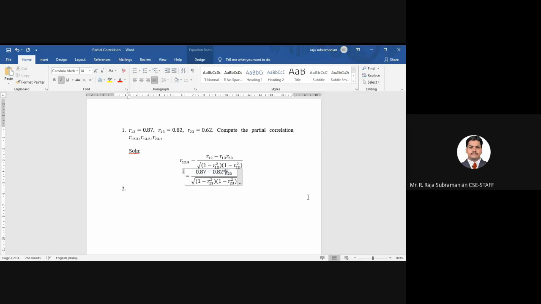You have to say the answer for this. 0.62, 0.62 squared. This is 0.82 squared. So I'll use a calculator now. If anyone completed, tell me the final answer. Okay, 1 minus 0.82.